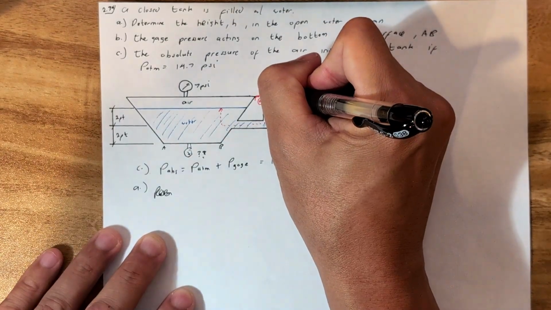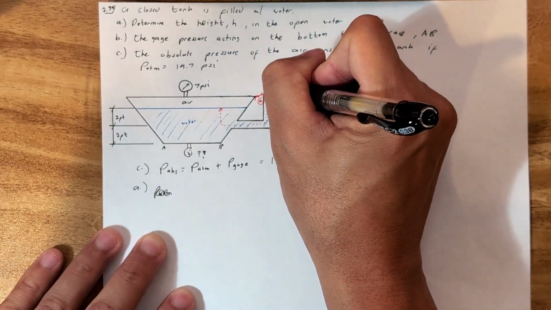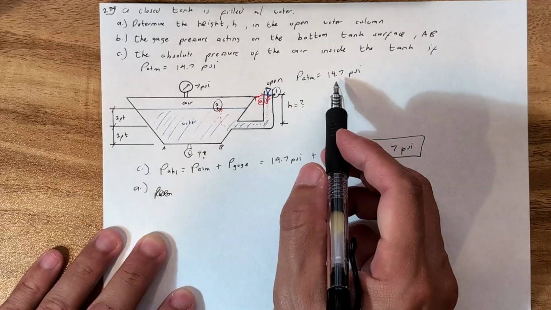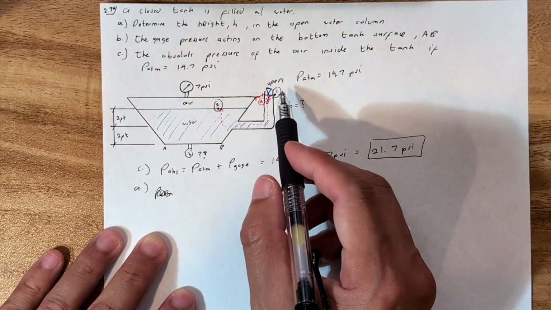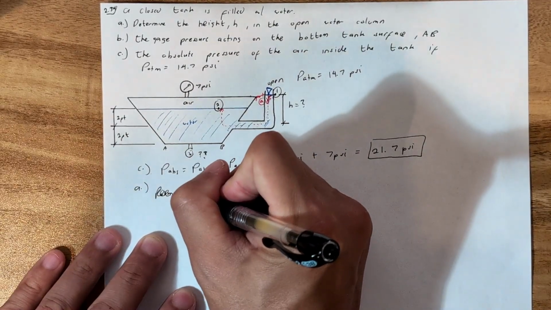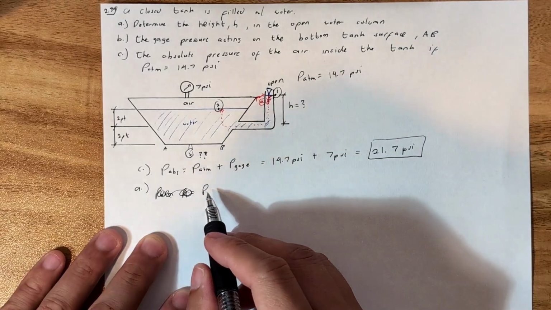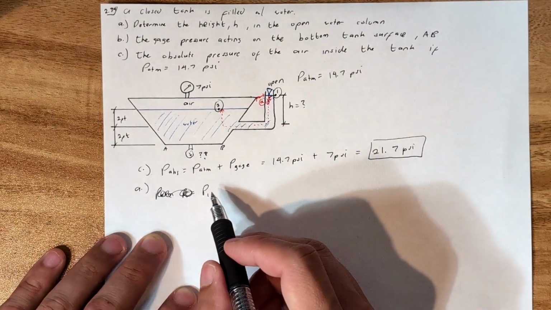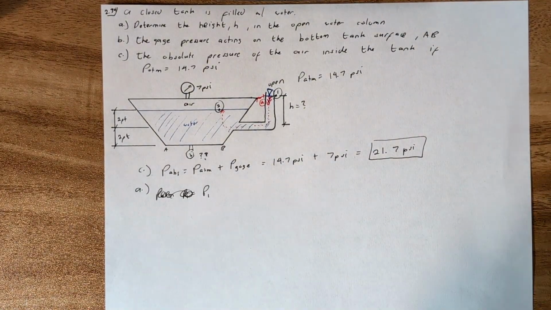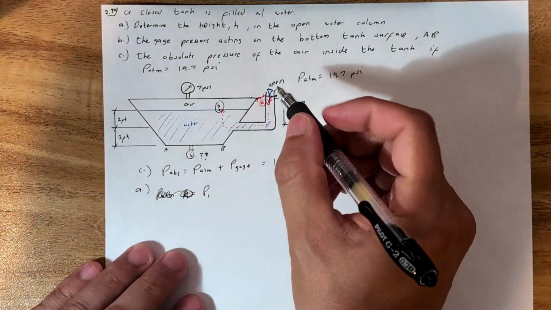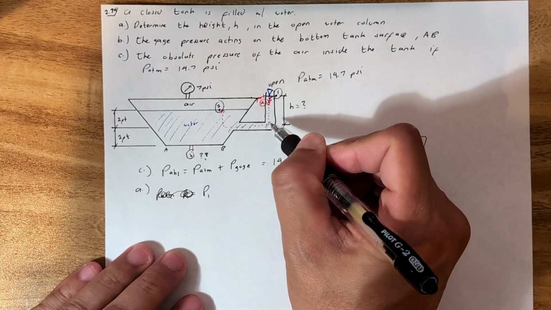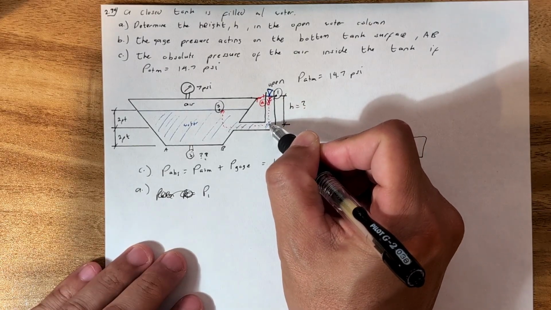We're going to call this point 1, and then this is going to be point 2. P atm is equal to 14.7 psi, but we want this in terms of gauge pressure, so in terms of gauge pressure this is just going to be 0. But we're going to be clear and show our equation, because your teacher probably will want you to show your work. So from point 1, we go all the way down to this point right here.